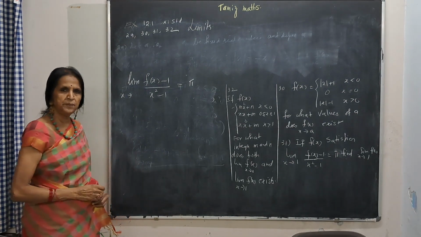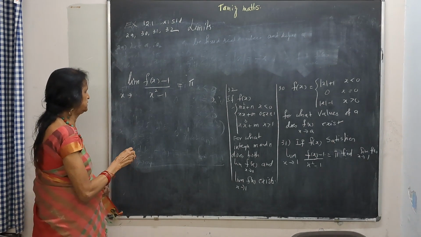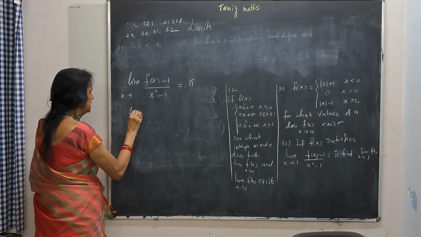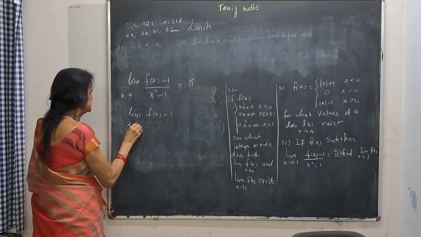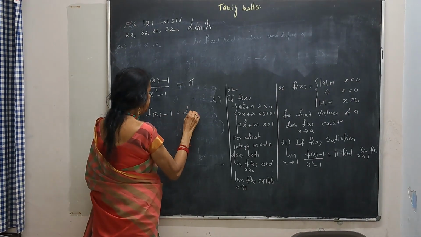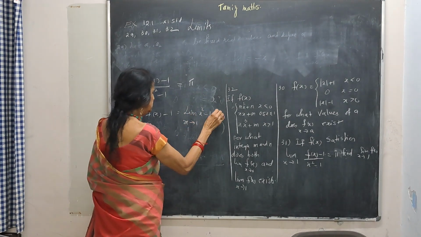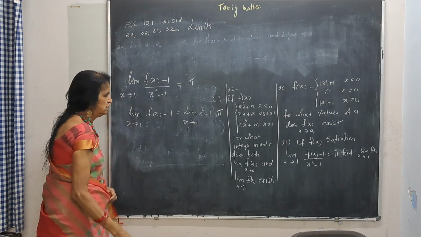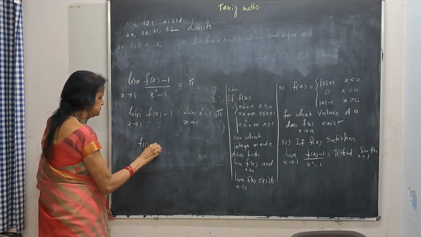The limit of a numerator by the denominator is the limit of the numerator by the limit of the denominator. So this will be limit of (f(x) minus 1), x tending to 1, that is equal to limit of (x square minus 1), x tending to 1, into pi. Now put 1 here. This is f(1) minus 1.